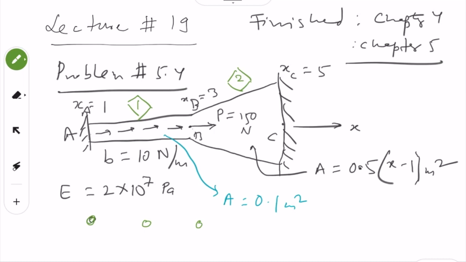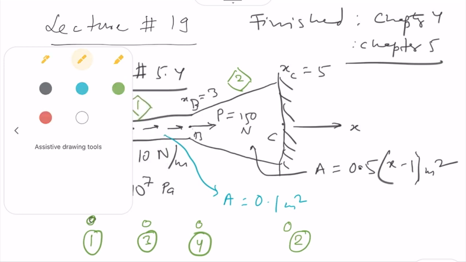The global node numbering is given: 1 is here, 2 is here, then we have 3 here, and 4 here. There are 2 elements.